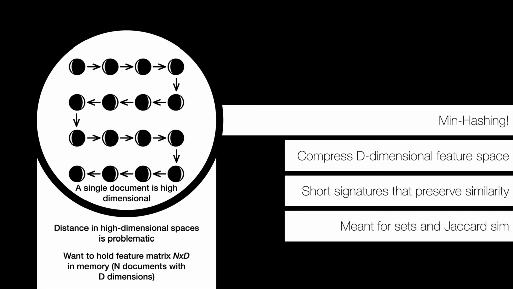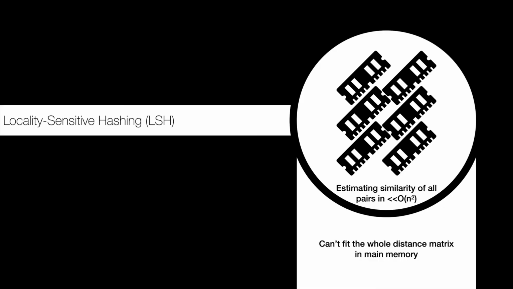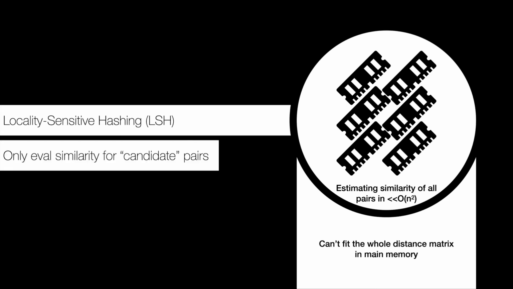Like I said, this is meant for contexts where we have sets and we want to evaluate Jaccard similarity. There are other methods for other distance metrics as well, which we'll talk about. Now, MinHashes let us evaluate similarity in low dimensional spaces, which is nice. Locality-sensitive hashing allows us to deal with the all pairs problem.